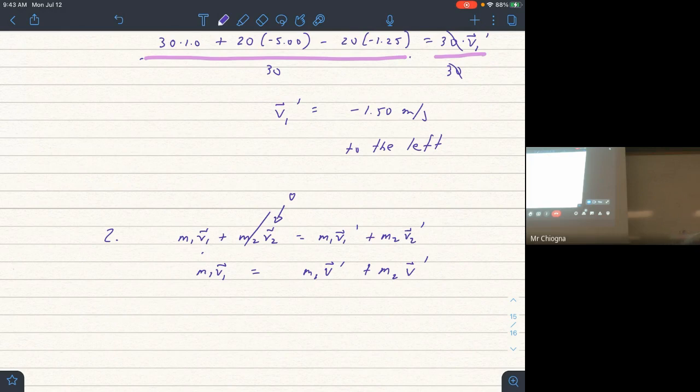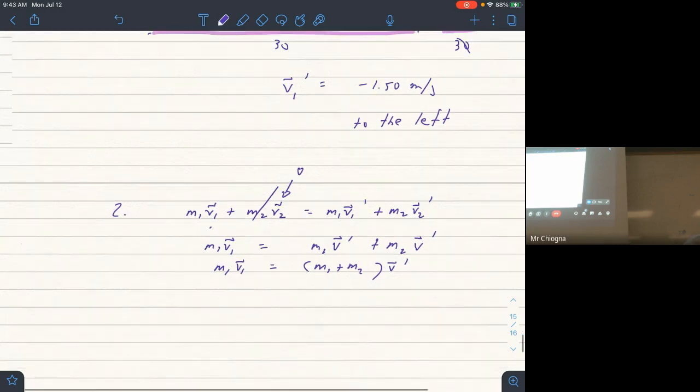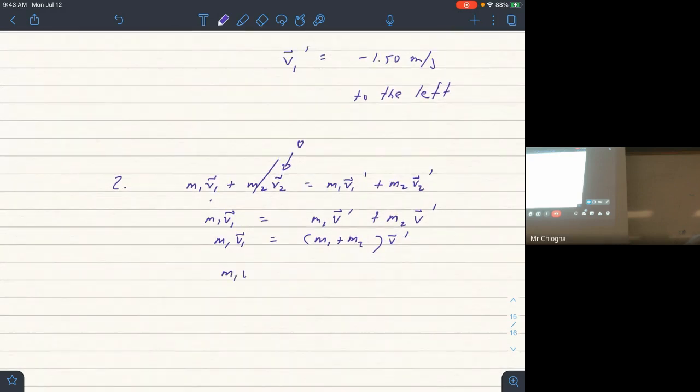Okay, you can simplify it further, factor out the V prime. I'm going to rearrange it. I'm not going to plug in yet. Why? Because you use this a lot.